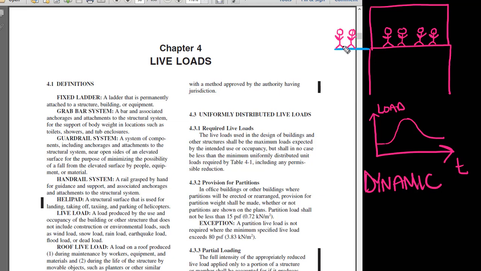So actually for this cantilever, the worst case scenario would be when we have full live loading on the cantilevered member and no live load in the adjacent space.